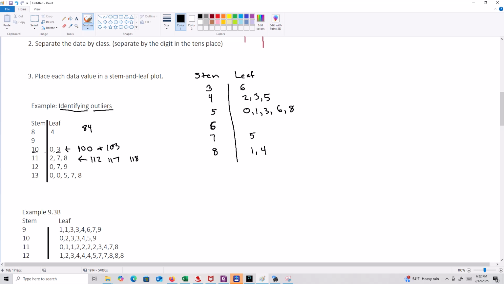But when you divide it into this stem and leaf graph, you can see that all of the data really is way down here in the stems of 10 to 13. And so 84 clearly is an outlier. So that's one way that this kind of graphical representation can help you find that outlier.